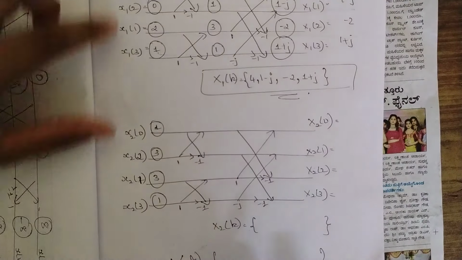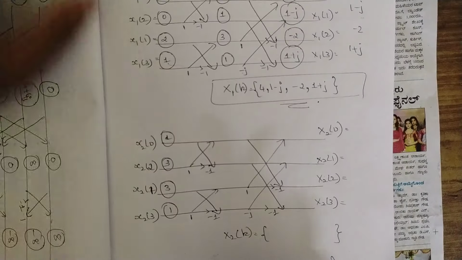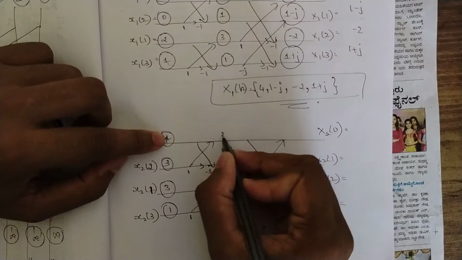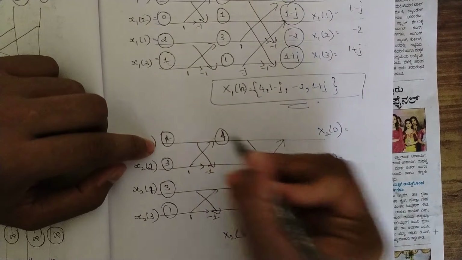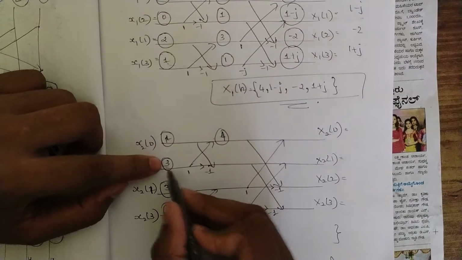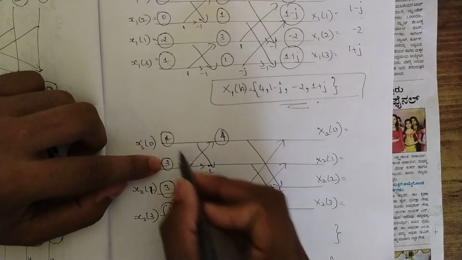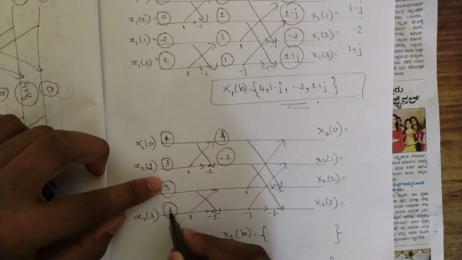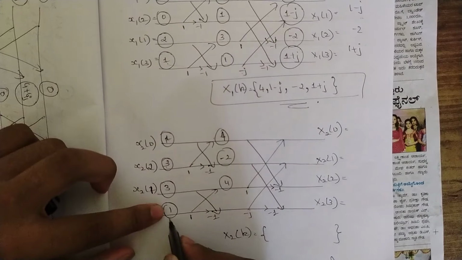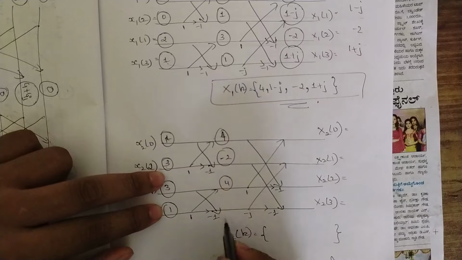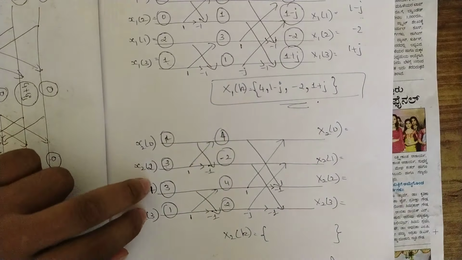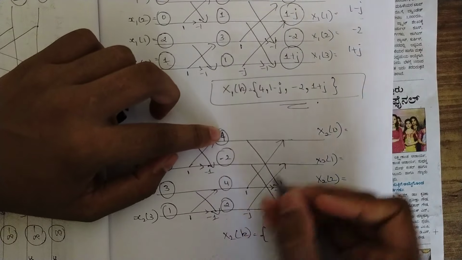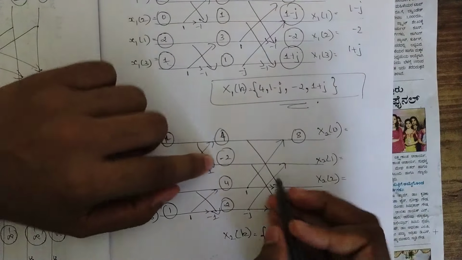Similarly, let's solve for the second sequence, that is 1, 3, 3, 1. 1 plus 3 into 1 is 3, that is 4. 3 into 1 into minus 1, minus 3; 1 minus 3 is minus 2. 3 plus 1, 4. Minus 1 plus 3 is 2. Then we have 4 plus 4 into 1 is 4, so 4 plus 4 is 8.